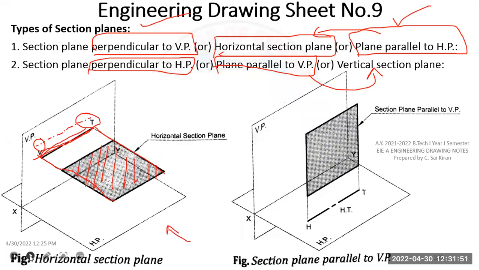Okay. And similarly, the plane parallel to VP. With respect to VP, this section plane or cutting plane is parallel. So this is a plane, and if I'm seeing from the top view and make the projection, these are my line points.